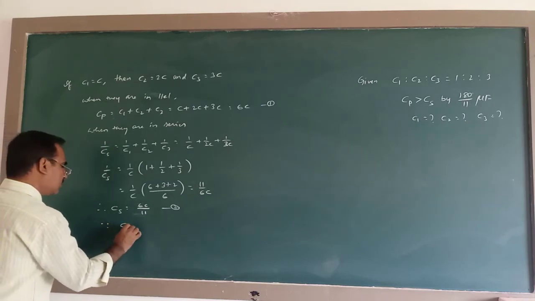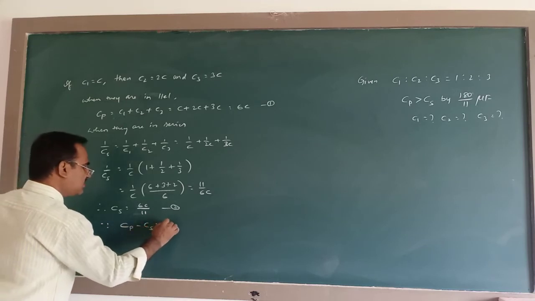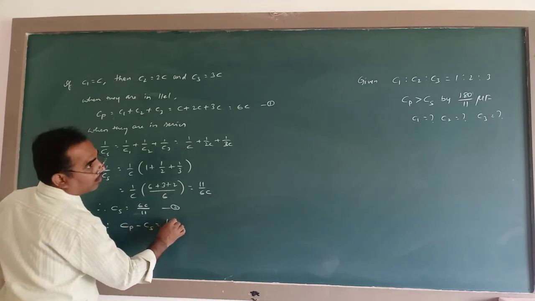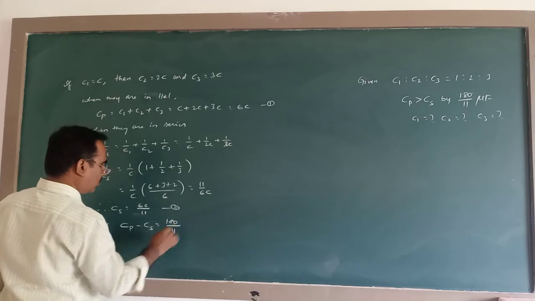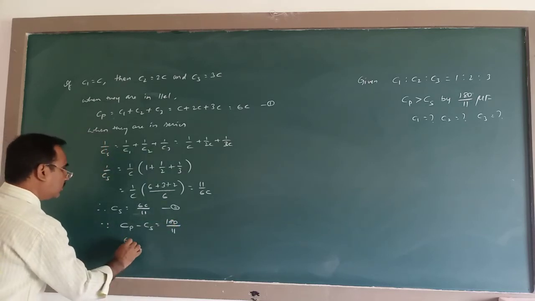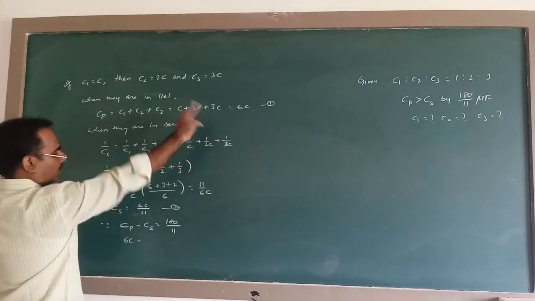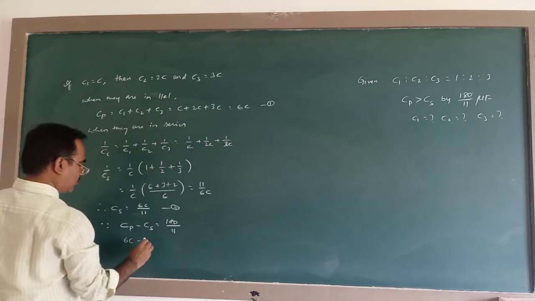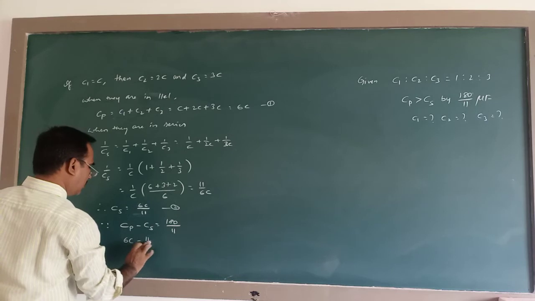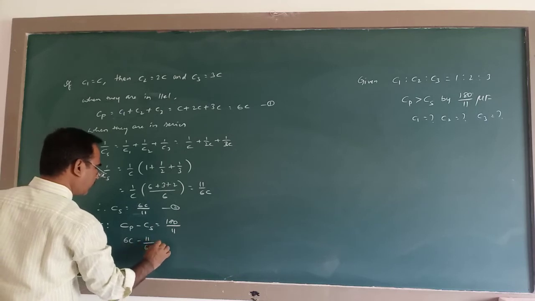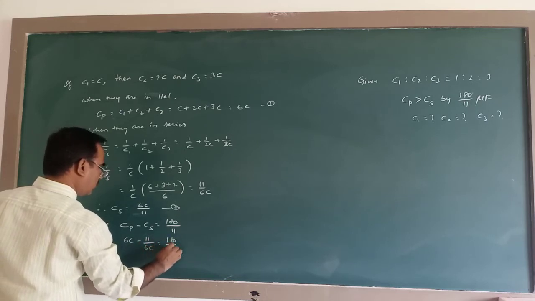Since CP minus CS is equal to 180 by 11, this 6C minus 6C by 11 is equal to 180 by 11.